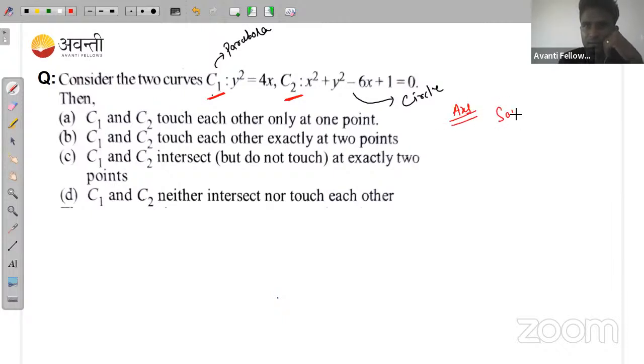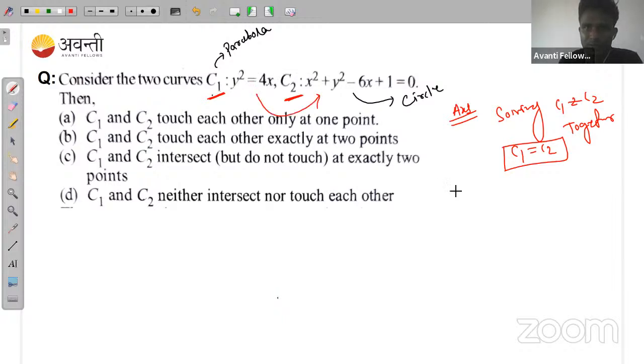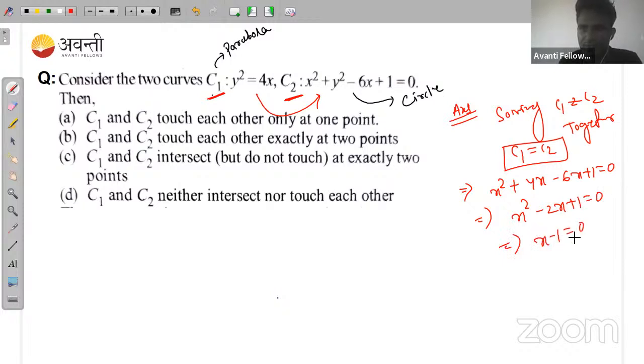C1 और C2 को सॉल्व करने का मतलब है equate करना, C1 is equal to C2. तो y square is equal to 4x को यहाँ पे put कर दो, तो basically ये हो जाएगा x square plus 4x minus 6x plus 1 is equal to 0, that is x square minus 2x plus 1 is equal to 0, x minus 1 is equal to 0, x is equal to 1.